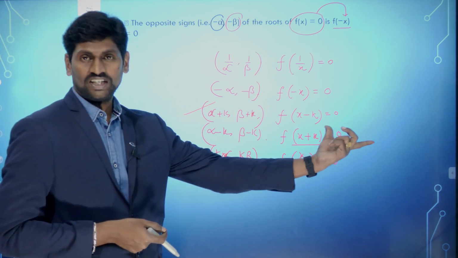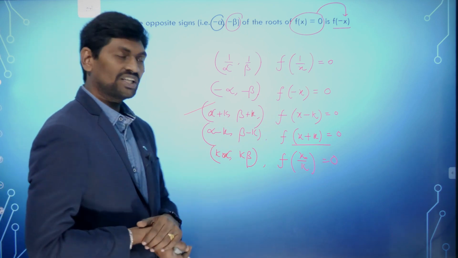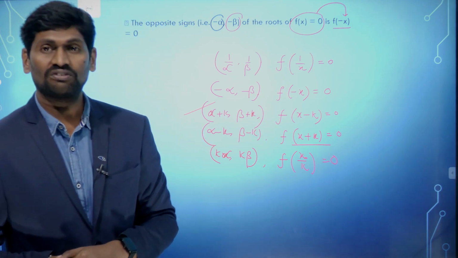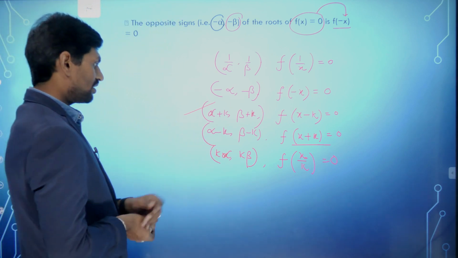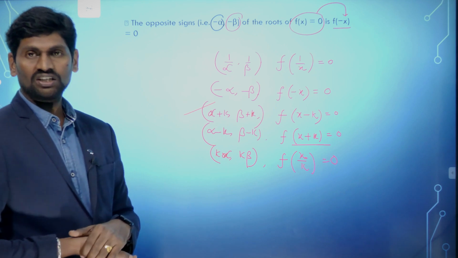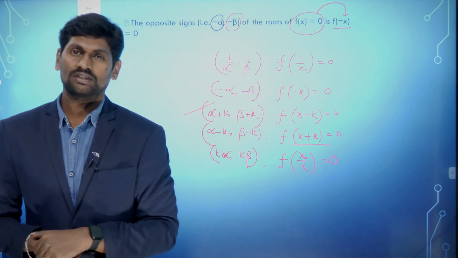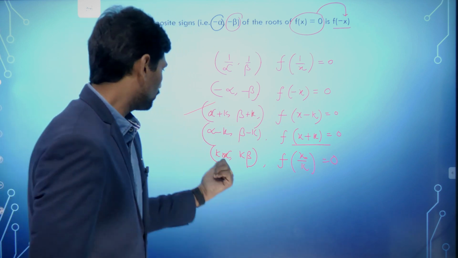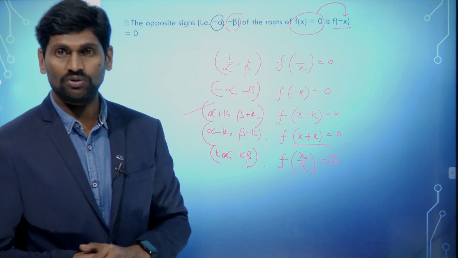Positive means we have to take negative, for negative value we should take positive. Same way, alpha minus k, beta minus k are roots of f of x plus k equal to 0. And k into alpha, k into beta: if alpha, beta are roots of f of x, then k alpha and k beta are roots of f of x by k equal to 0.